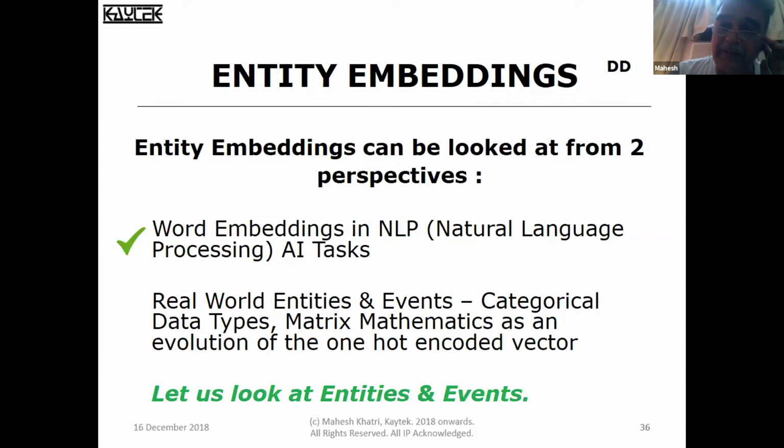He says the number of cardinal values that you have in your variable, plus 1, divided by 2, should be your embedding size. For example, if you have day of the week, there are 7 days in a week. So you add 7 plus 1, which is 8, and you divide by 2. So Jeremy says that the size of the embedding should be 4.